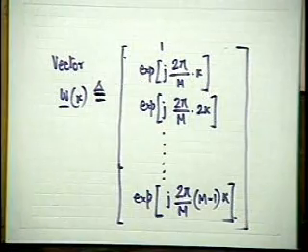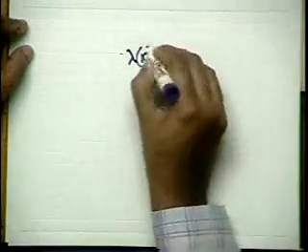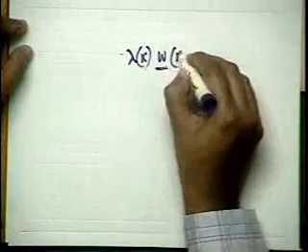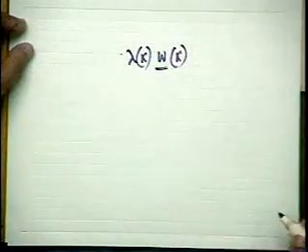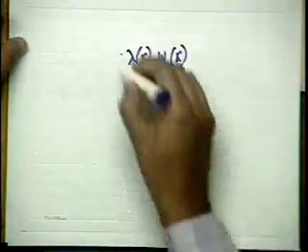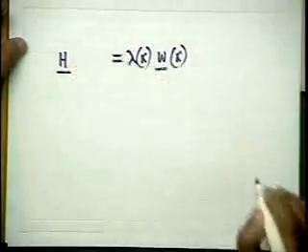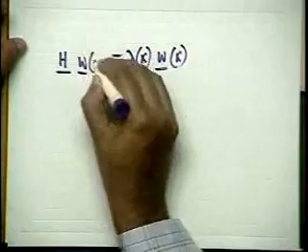Now tell me one thing: if I take lambda k into this wk vector, you can clearly see, by making a matrix multiplication, that this becomes equal to the product of my circulant matrix H and wk.